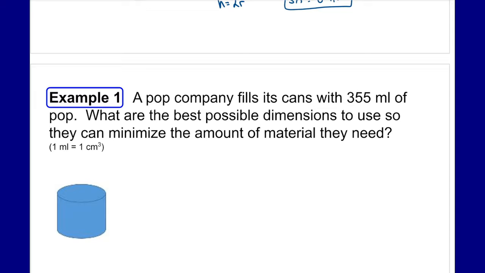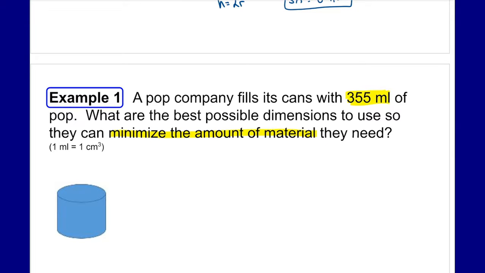What are the best possible dimensions to use so they can minimize the amount of material they need? Again, we're trying to find the minimum amount of material given the volume that it has.